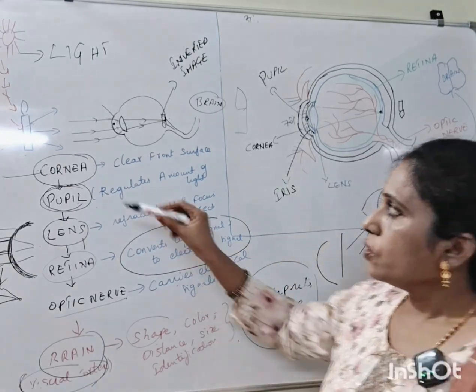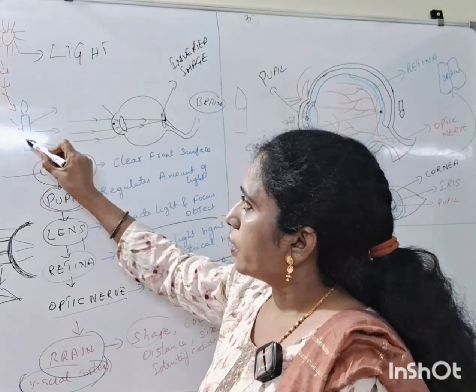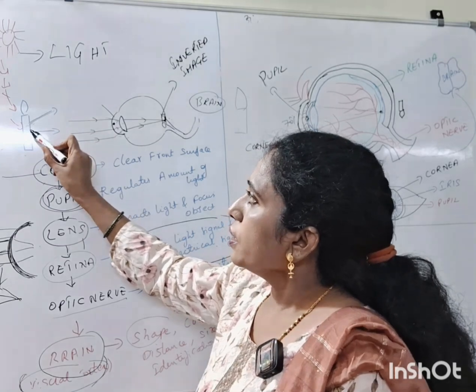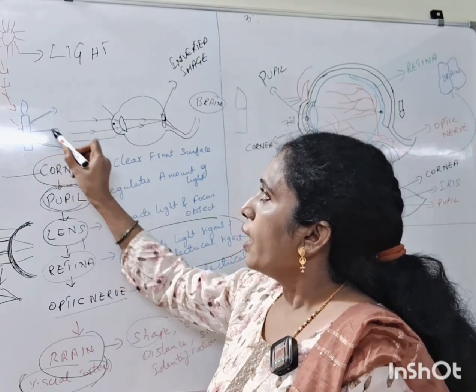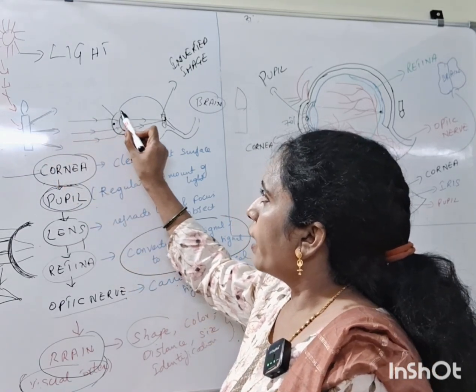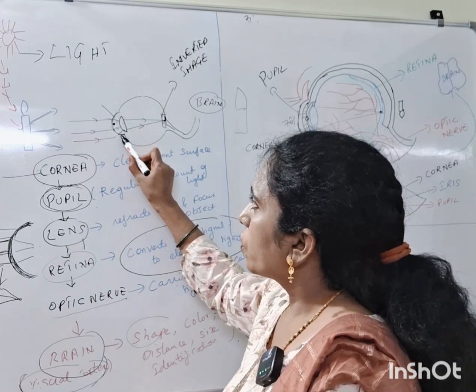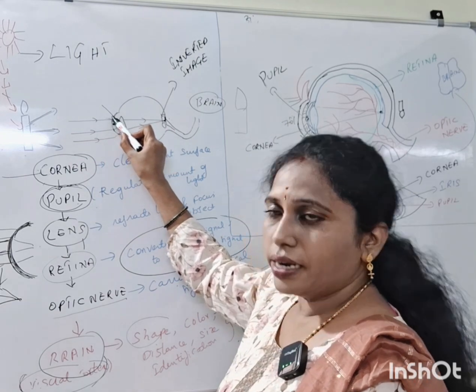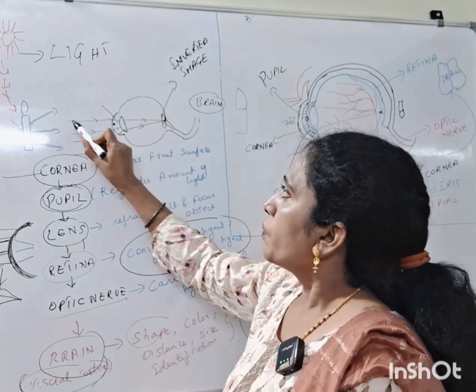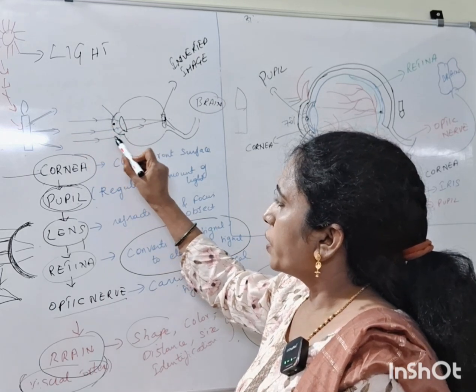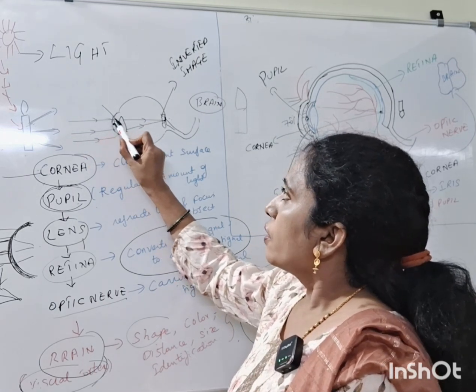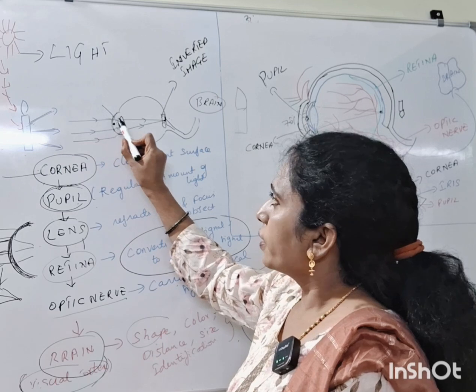Okay, so whenever we are looking at a particular object, the light rays from the object get reflected, and those light rays hit the anterior-most part of the eye called the cornea, which is transparent as well as dome shaped. Because of this dome shape and transparency, the light rays get refracted after entering the cornea.